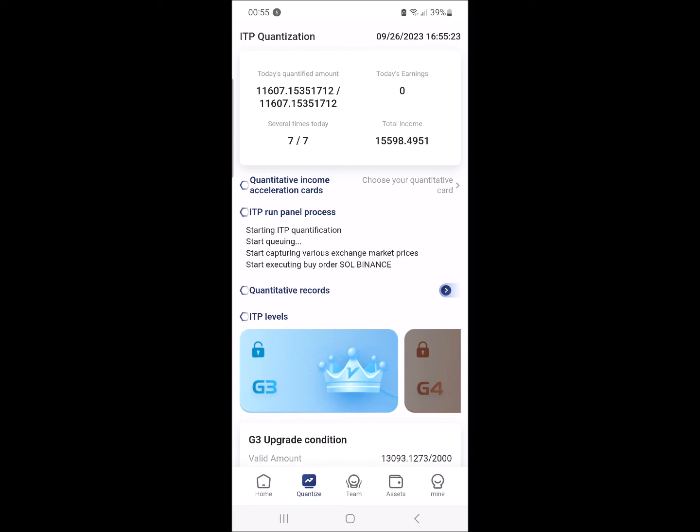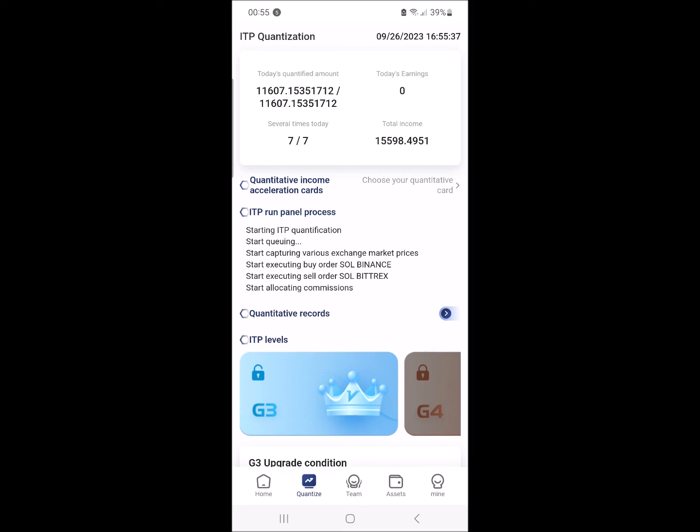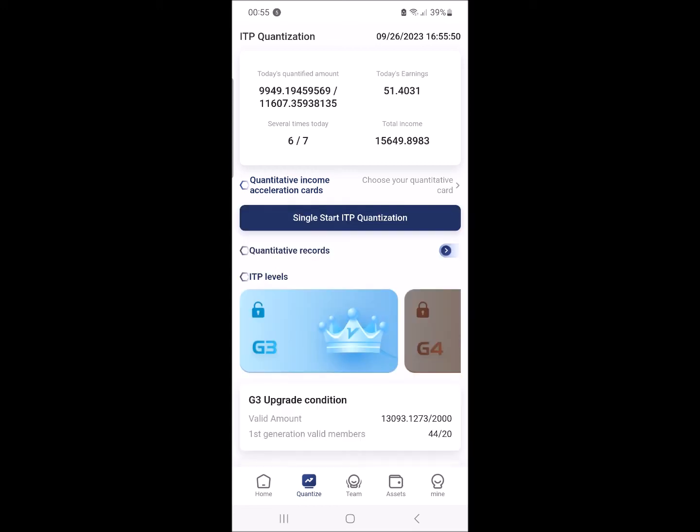Okay, it's starting to execute a buy order, so it's buying Sol, a cryptocurrency called Sol, from Binance, where Binance is selling it at a low price compared to the others. Then it sells the same Sol at Bittrex, because Bittrex is buying and selling at a higher price than Binance. So the difference between the two prices is our profit. It says starting to allocate our commissions.